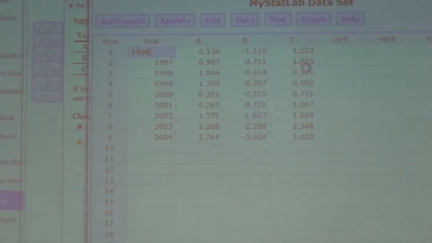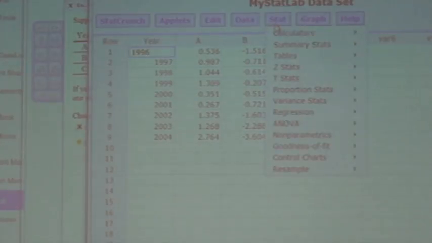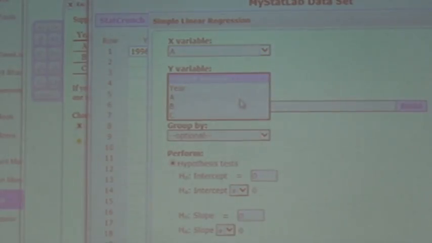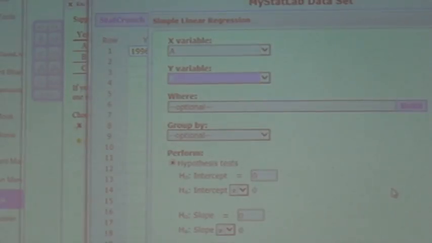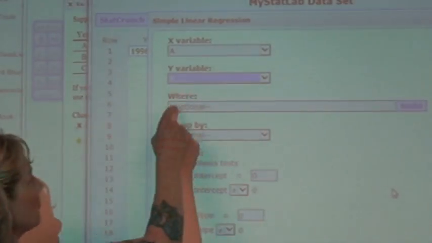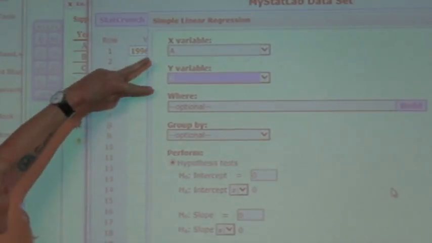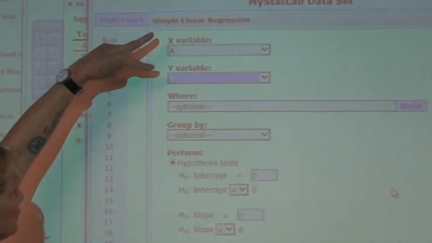Okay. So, let's go to Stat and down to Regression, Simple Linear. And then for X, let's choose A. For Y, let's choose B. I'm going to choose A for my X and B for my Y, because he wants one increasing when the other is decreasing.